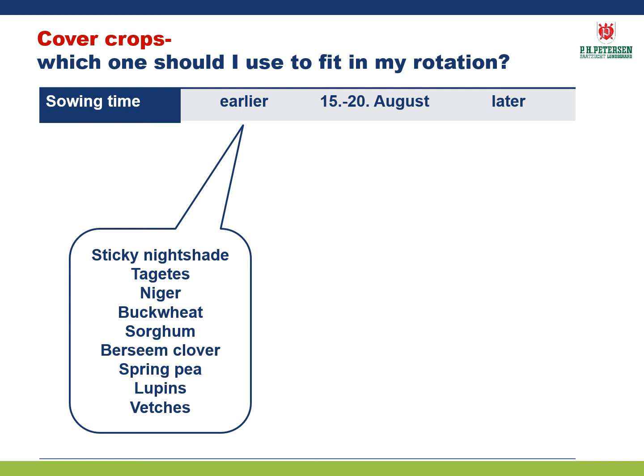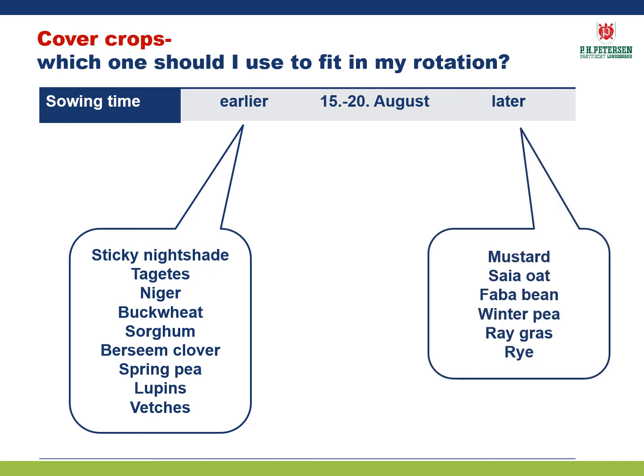But there are also others like niger, buckwheat, sorghum, berseem, spring pea, lupins and vetches, which like to be sown a little bit earlier than middle to end of August. We have some cover crops which are able to be sown later, and mustard is a very good example for it. But also Saia oat, faba beans, winter peas, ryegrass and rye are able to be sown later.